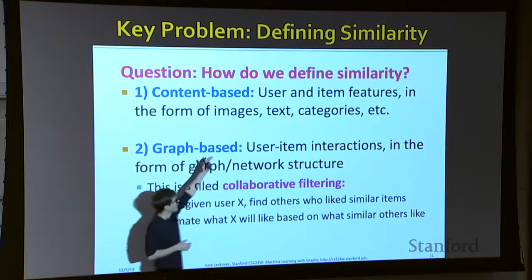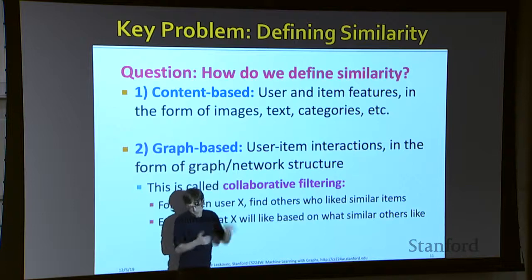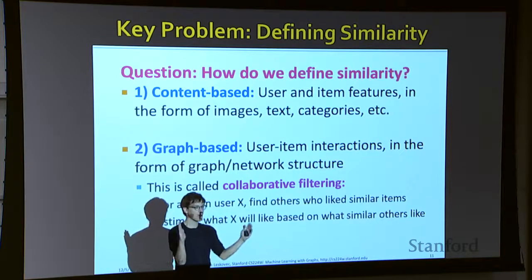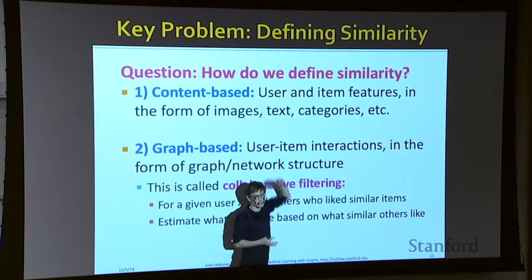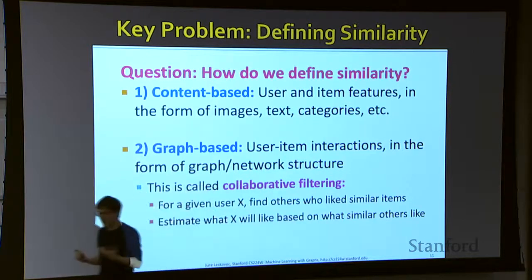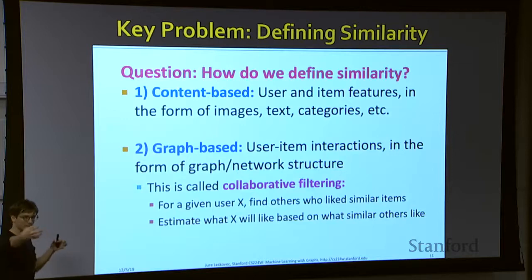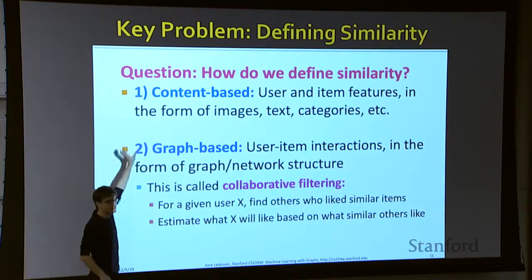So if you have images of products, you would say two products are more similar if their product image is more similar, or if their textual description is more similar. And now, once you have one product, you have a set of features, and you find other products that have the most similar feature description. So this is called content-based.